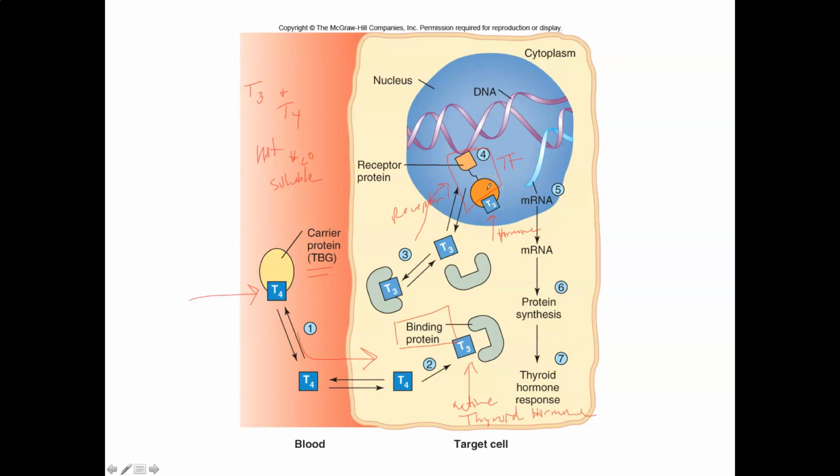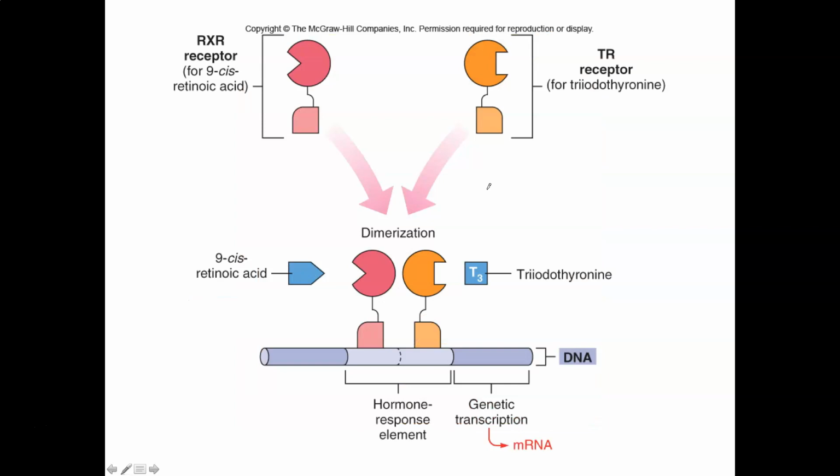So we could say something like step 4, the T3 uses a carrier protein within the cells to move into the nucleus, and then it's going to find its nuclear hormone receptor. Once you have a transcriptional factor, you need to interact with the DNA at the hormone response element.